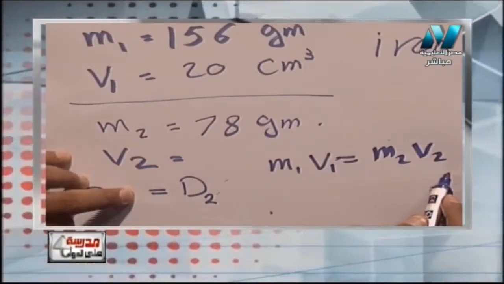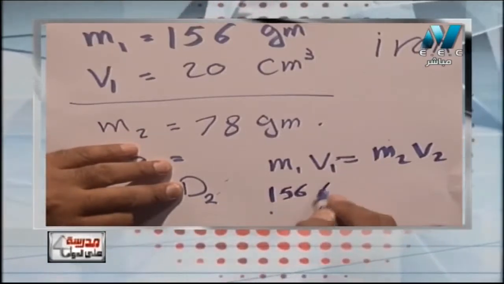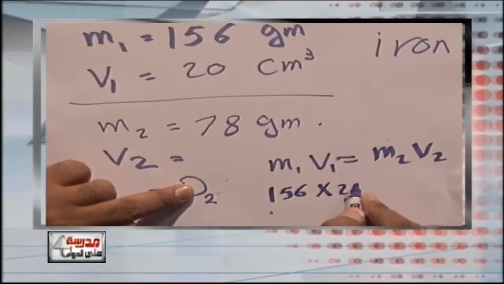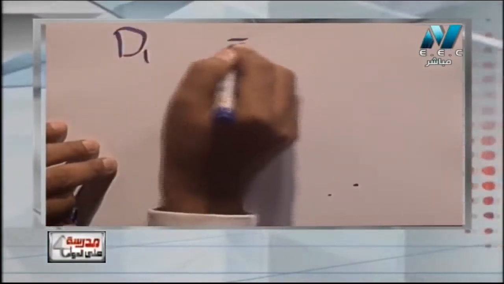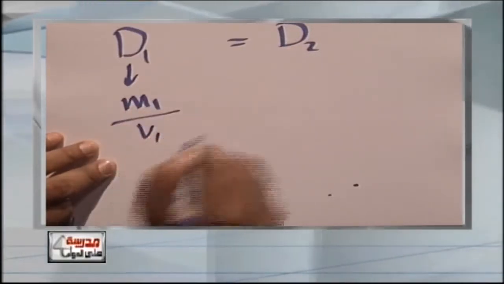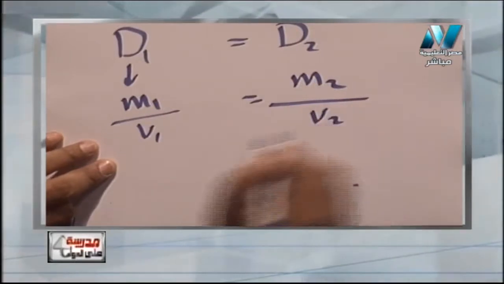Now let's write the numbers. M1 divided by V1. D1 equals D2. D1 equals what? M1 divided by V1, D2 equals M2 divided by V2.